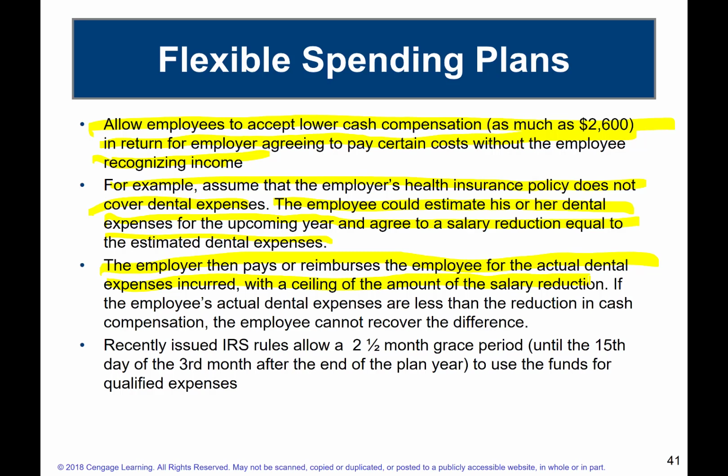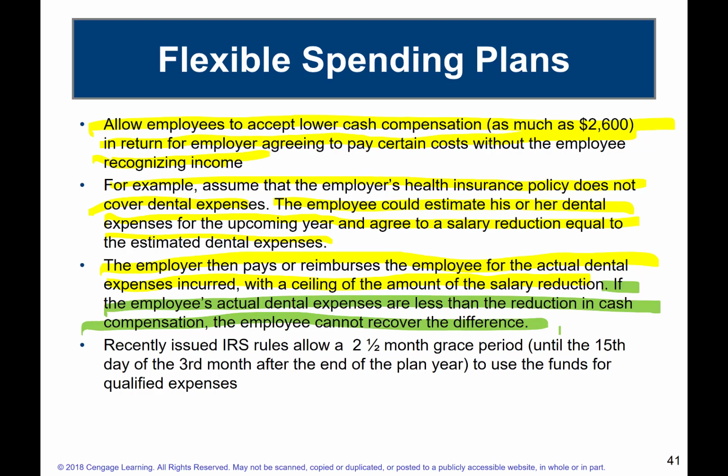If the actual dental expenses are less than the reduction, the employee cannot recover the difference. And that's the part where I'm like, okay, great. So you lost because you didn't get sick enough. You didn't have a bad enough toothache. If only I'd had more toothaches, I would have made a deal on this, right? Or at least got my money back, okay? Not had to pay tax on that reduced income, right?